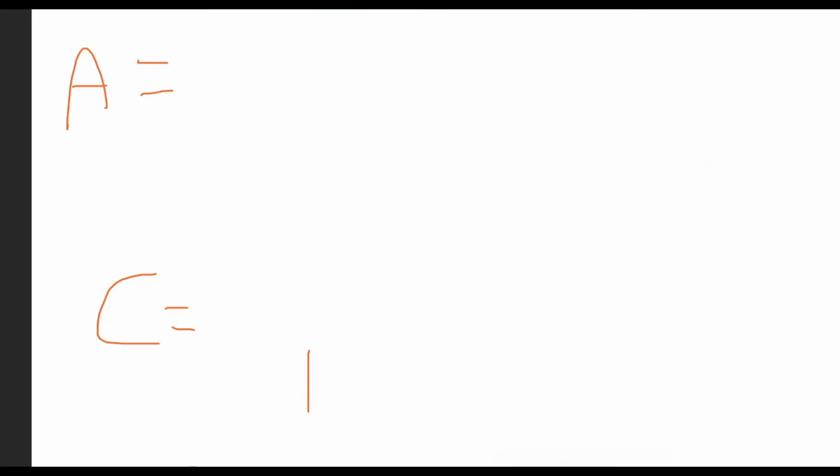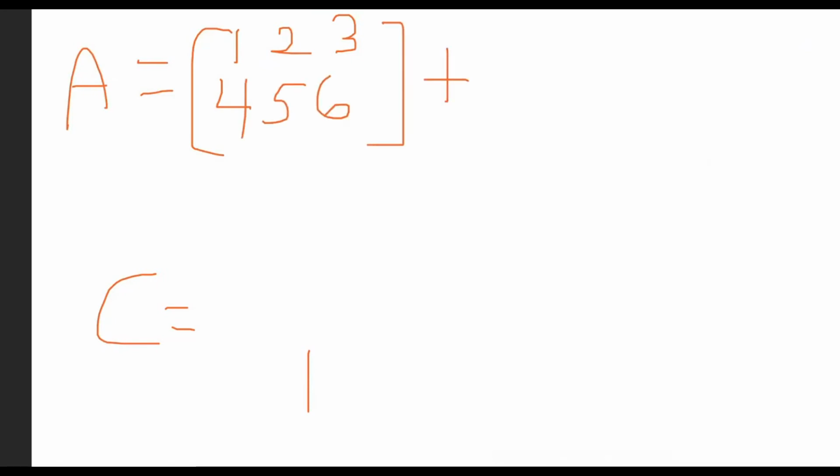So let's have A is 1, 2, and 3. And then here you have 4, 5, and 6 plus row vector. Right, remember it's 2 rows, right? So it's going to be 10 and 100.